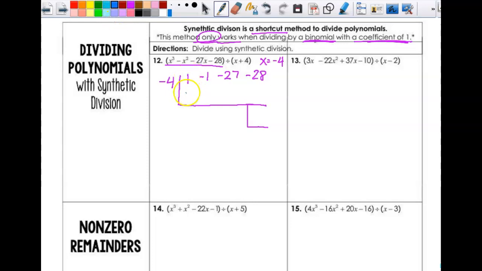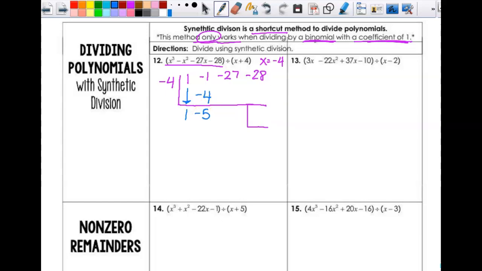Whatever this first one is, you just bring it straight down, and it's 1 right there. Then we multiply. Negative 4 times 1 is negative 4, and it goes right there. Then we combine these two to get a negative 5. There's no changing of signs like there was for long division.